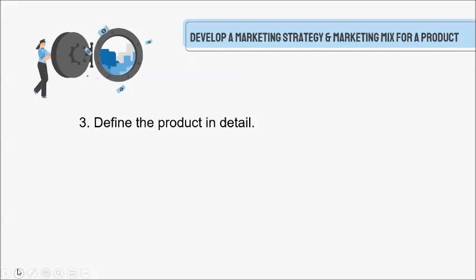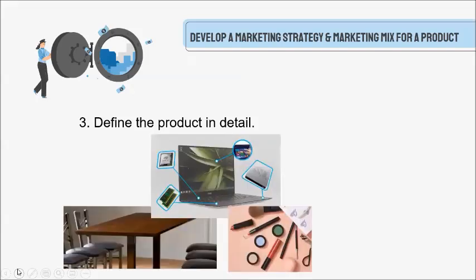Look for unique features or qualities that the product has to offer. Also, you could display that in your marketing campaign, itong mga detail ng product natin. Okay? So for example, if you're planning to sell gadgets, laptops, cell phones, okay, so you define the details of those products.